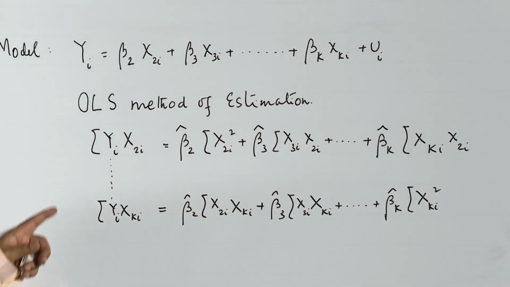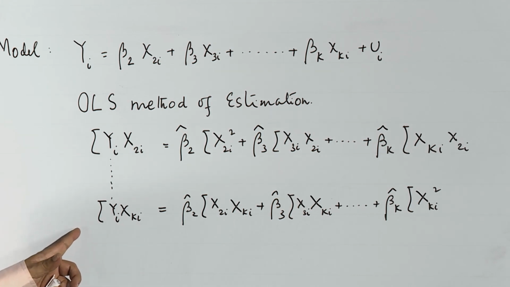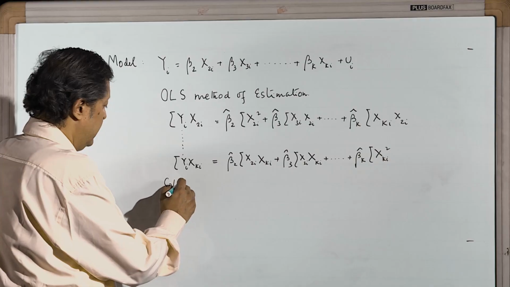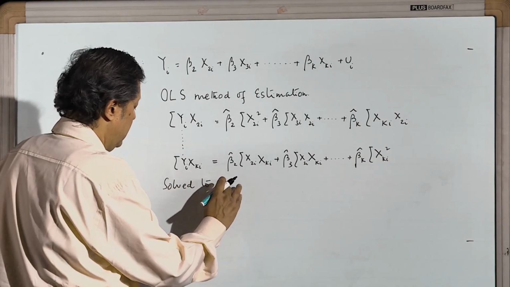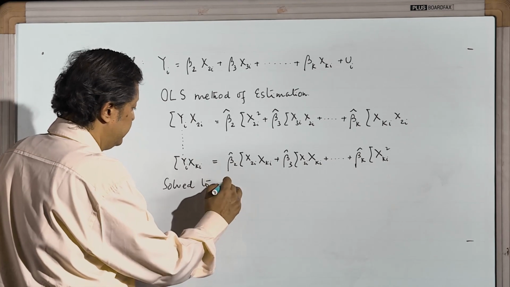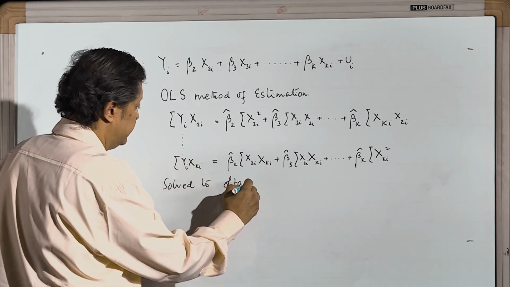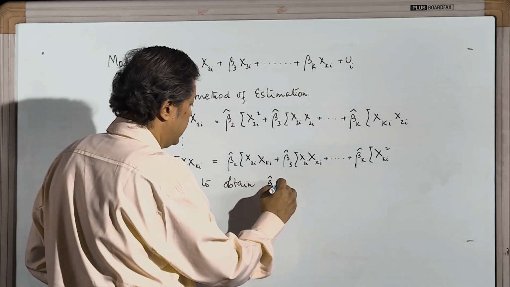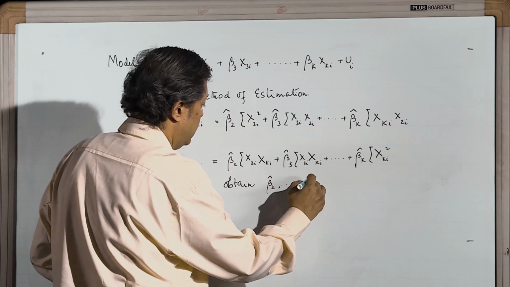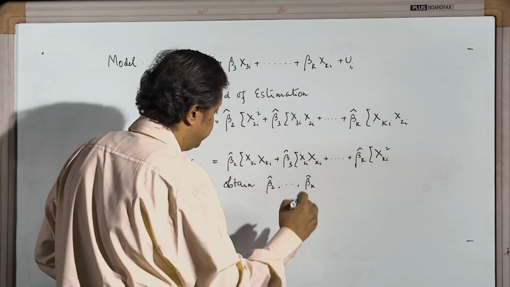So, we have these normal equations which are solved to obtain the estimates, beta 2 hat right up to beta k hat.